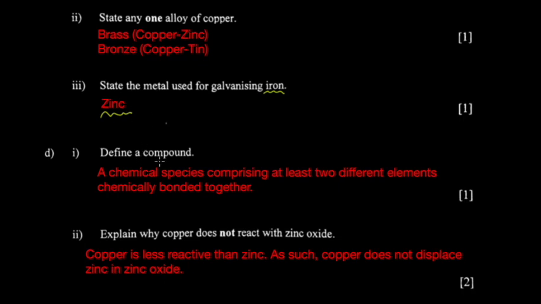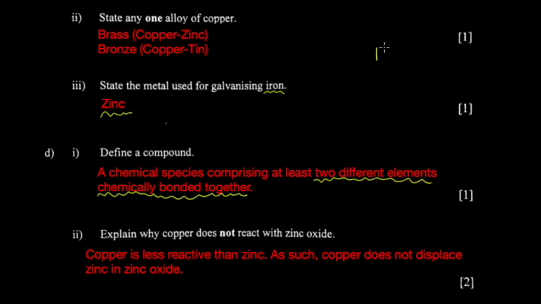Define a compound. I'm just going to discuss some of the elements that I've included in this definition. A compound is a chemical species comprising at least two different elements chemically bonded together. So there is some chemical bond happening in the compound. And there are at least two different elements.